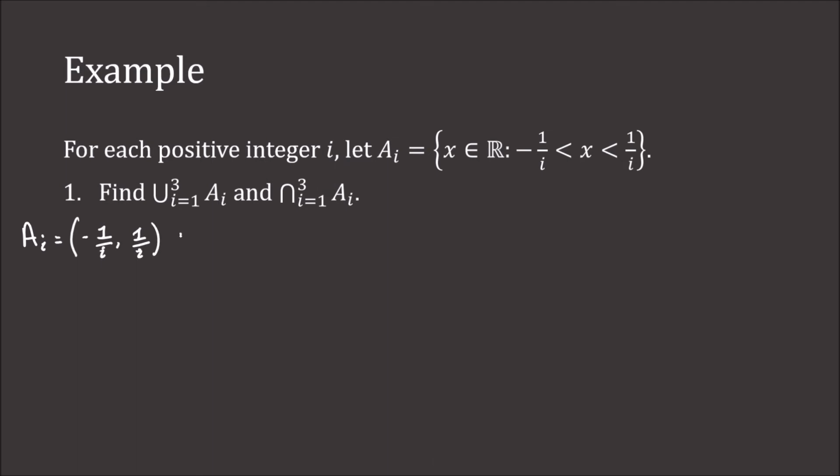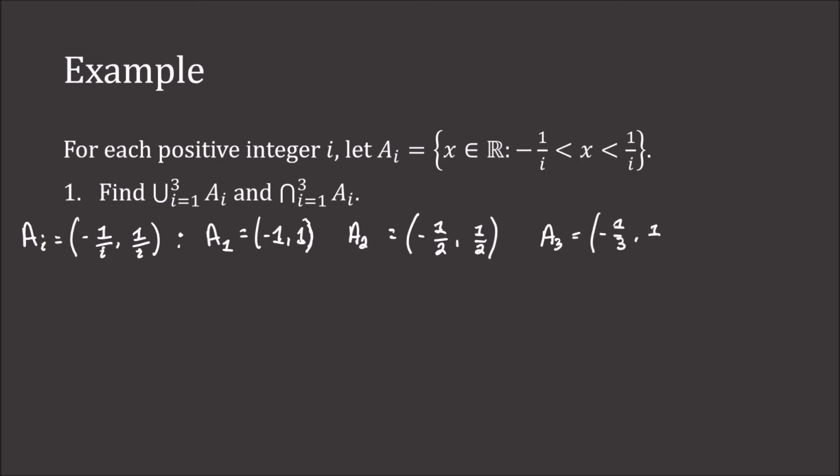Using this, we can say that a1 is the open interval minus 1 to 1. A2 is the open interval minus a half to a half. And a3 is the open interval minus a third to a third. Now if we look at this, negative a third to positive a third would be contained within the interval minus a half to a half.